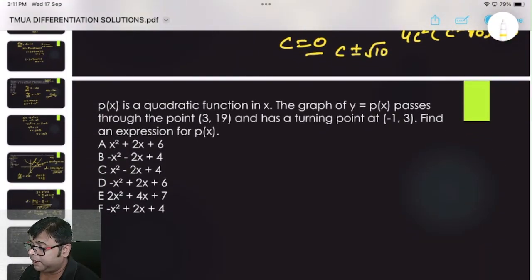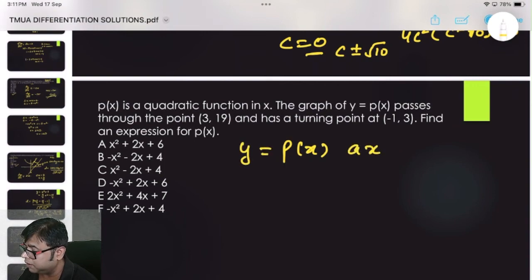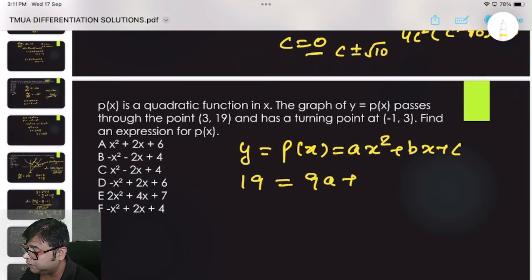Now, p(x) is a quadratic function in x. The graph of y is equal to p(x) passes through the point 3, 19, and the turning point is minus 1, 3. So I can say p(x), y is equal to ax square plus bx plus c. This is how I can take a quadratic function. It passes through 3, 19, so 19 is equal to 9a plus 3b plus c. This is one equation.